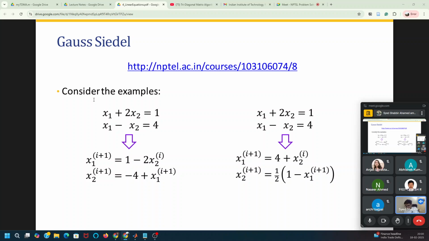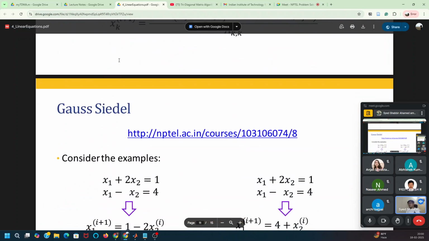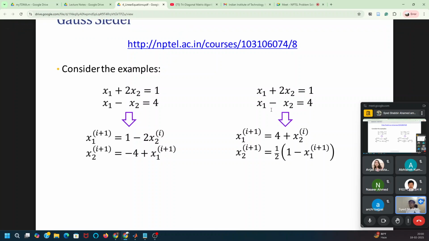So in the case of linear systems of equations, the Gauss-Seidel or Jacobi methods will converge mostly in cases where the coefficient matrices are diagonally dominant.